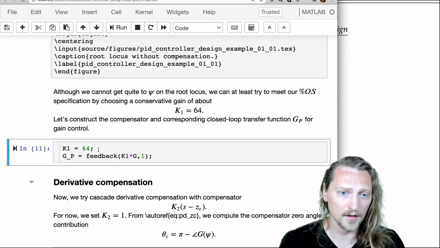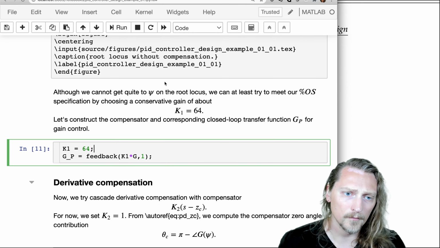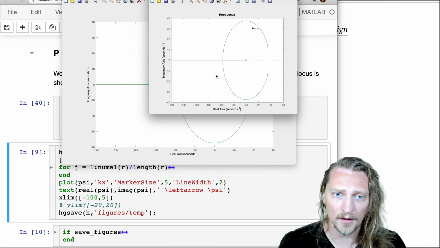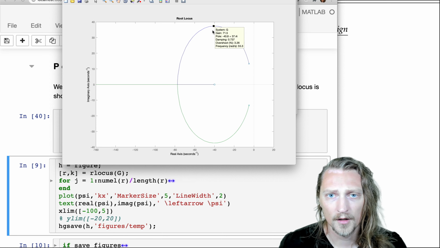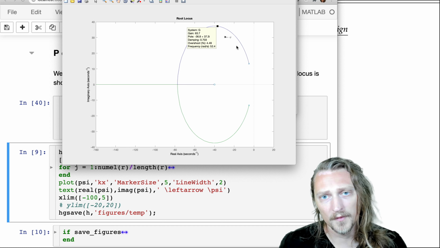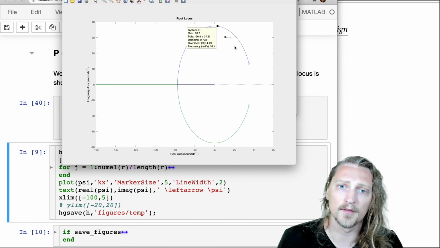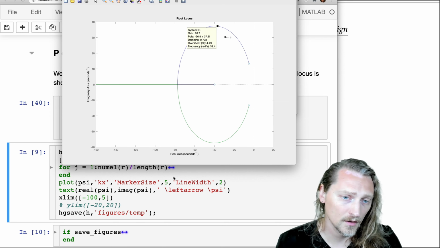So I tried a gain of 64, which if you look at this again, puts us out about here. And of course it's not on the design point, but it's better than nothing. So the proportional controller can get us close.